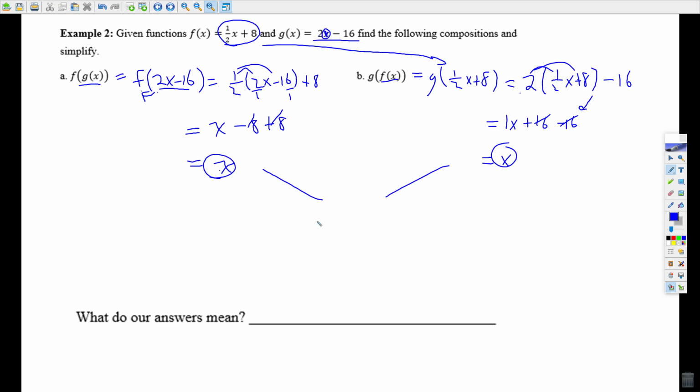This means something. If you ever do f of g of x and then flip it around and do g of f of x, do the composition of the functions both ways, and you get x both times, this means, just like in the last problem we did, f of x and g of x are inverses.